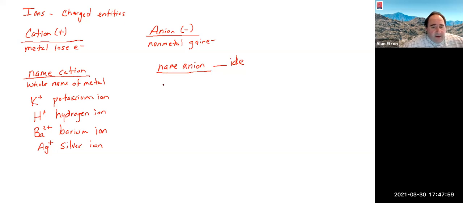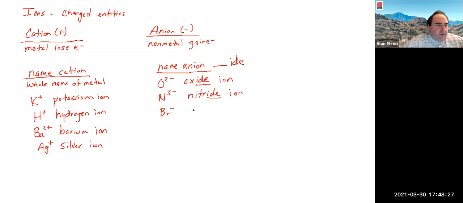If we had O2-, oxygen being group number 6 would have a -2 charge. Oxygen becomes the oxide ion. Nitrogen with a -3 charge: we drop the last part of nitrogen, or a little bit more than that maybe, and this becomes the nitride ion.